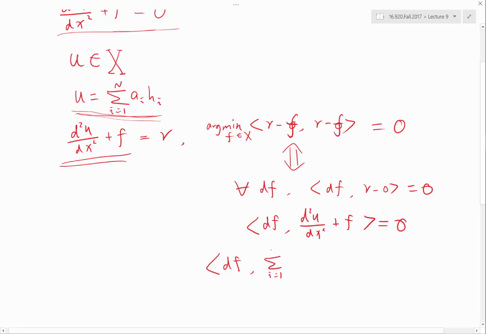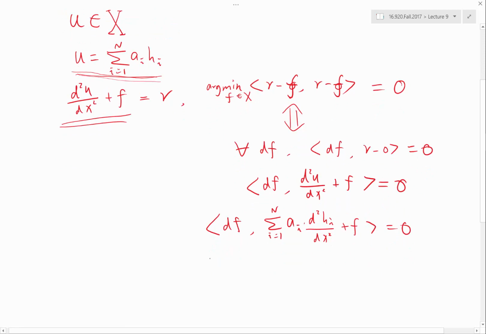summation, it goes from 1 to n, ai times the d square hi dx square plus f has to be equal to 0, and we use the property we call the bilinearity of the inner product.